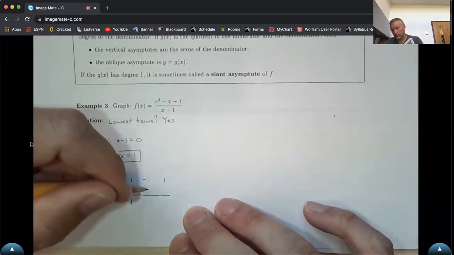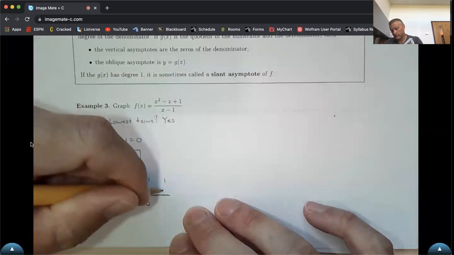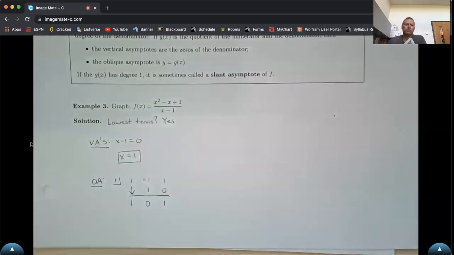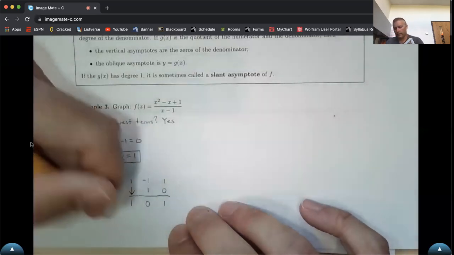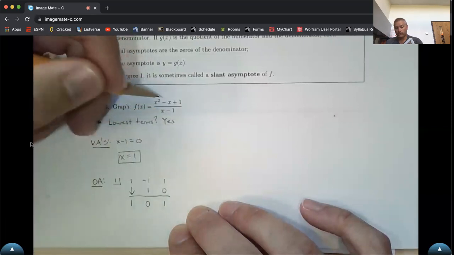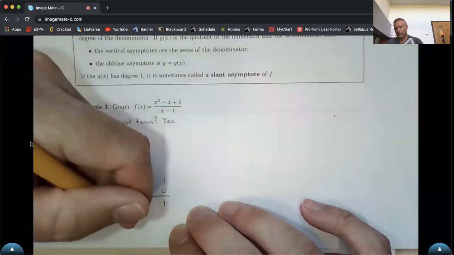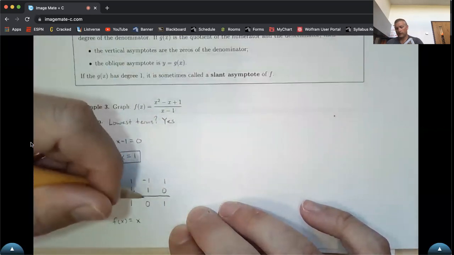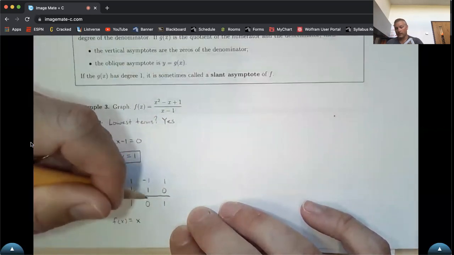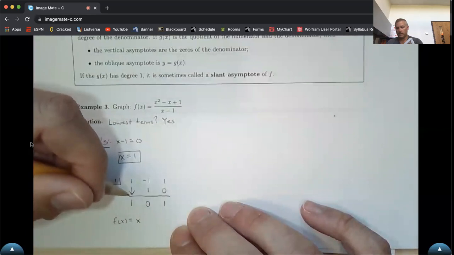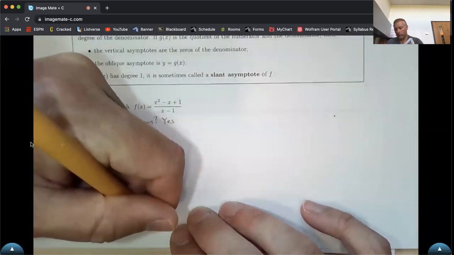Now I'll run this through synthetic division. And so an alternative way to write f of x is x, because the quotient has a 0 constant and a 1 in front of x, and then you have that remainder of 1.